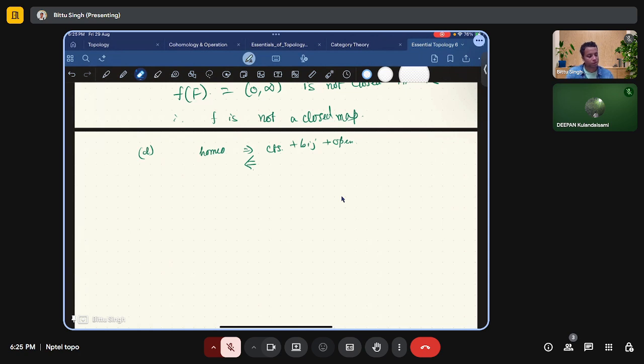Similarly, the reverse direction will also be true. Okay.